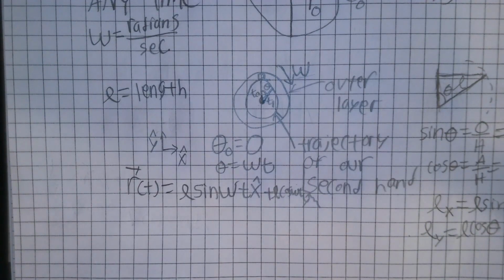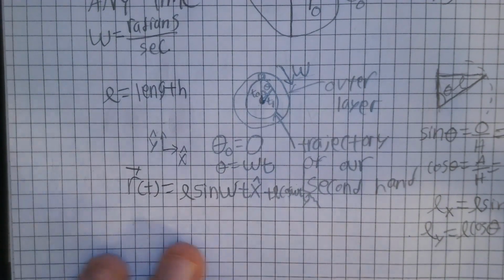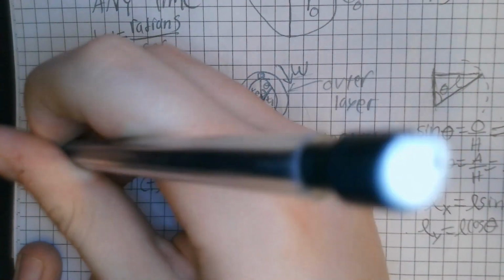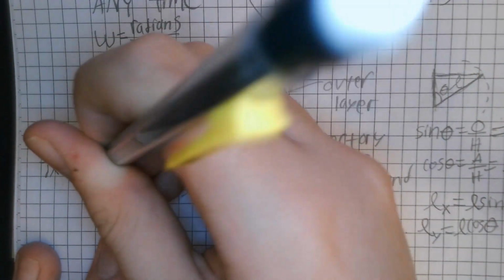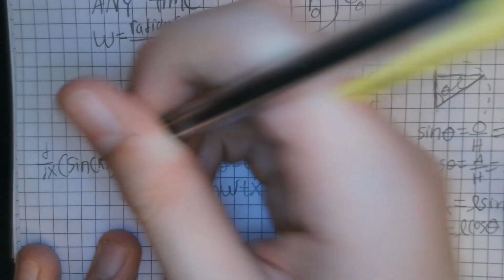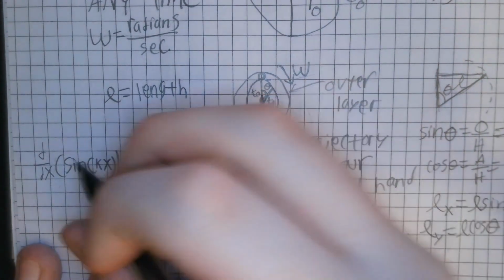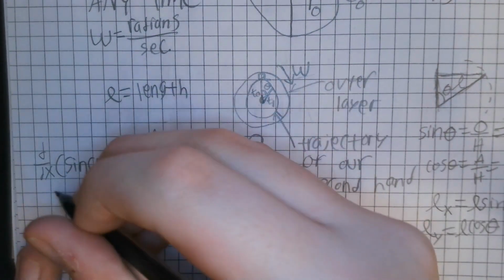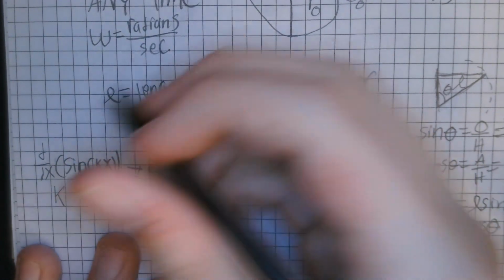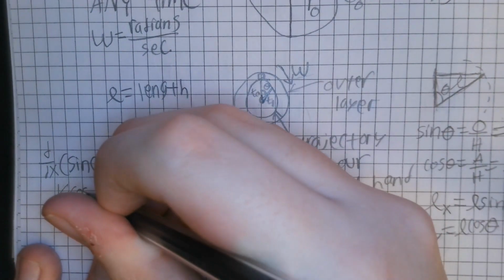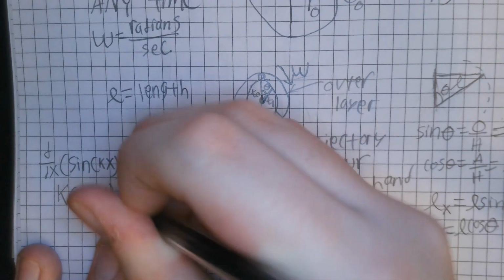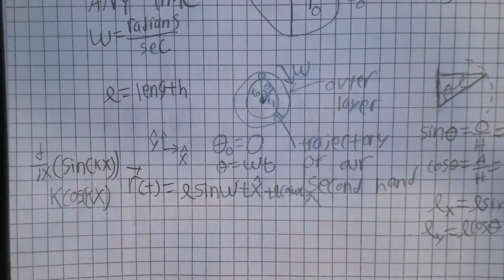Okay, so really quickly, I'm just going to give you a little bit of a rule with derivatives here. The derivative of the sine of some constant times x will be equal to the constant times the cosine of the constant times x. In other words, the derivative with respect to x of the sine of kx equals k times the cosine of kx.